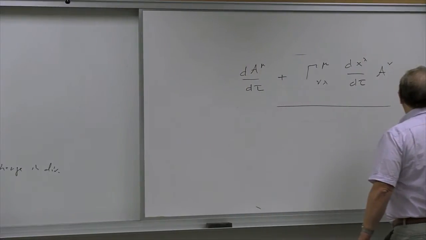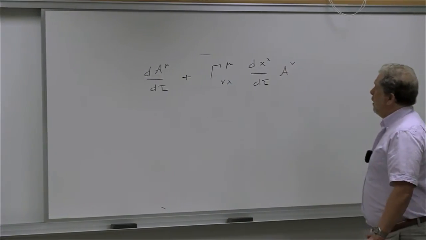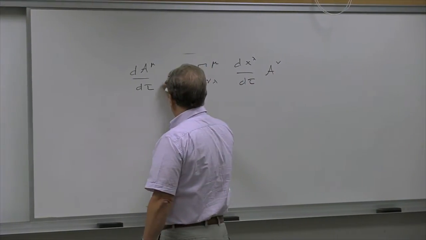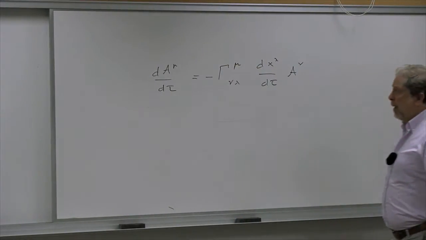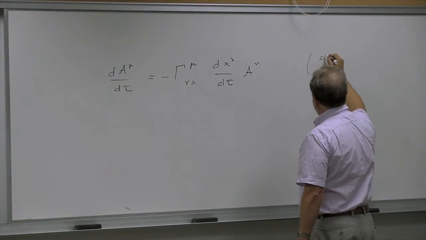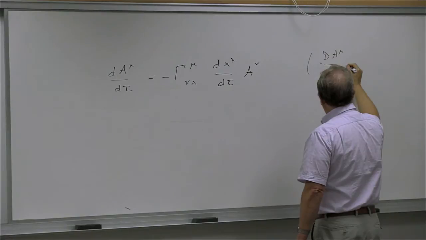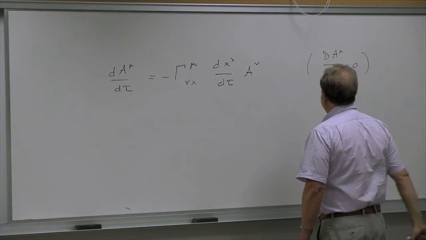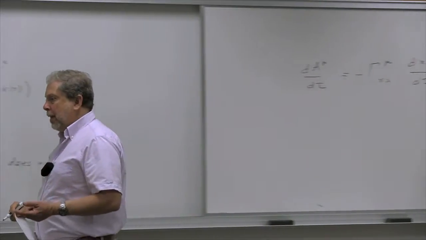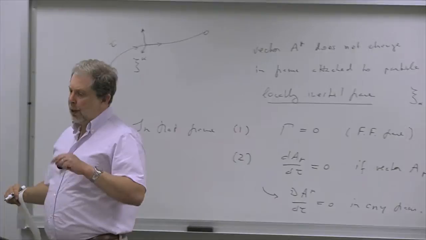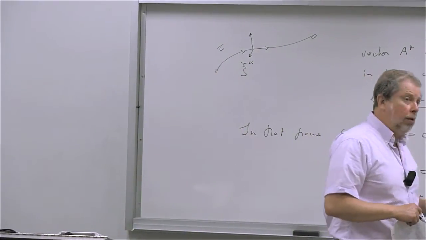So in fact, if the 4-vector that is attached to the particle does not change direction in the freely falling frame, then you have that this is equal to 0, or this is the equation that is satisfied by it. So the equation of parallel transport says that the covariant derivative of a vector that does not change direction in the freely falling frame is 0.